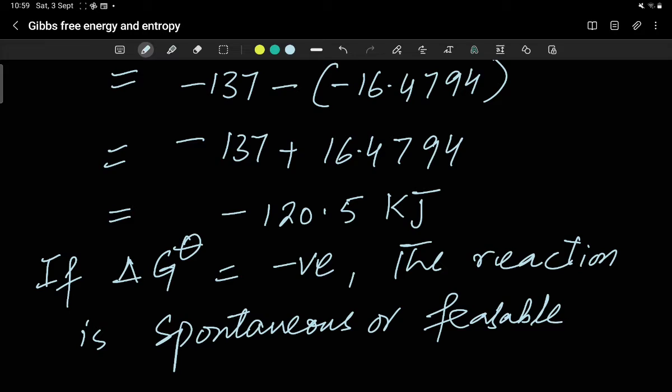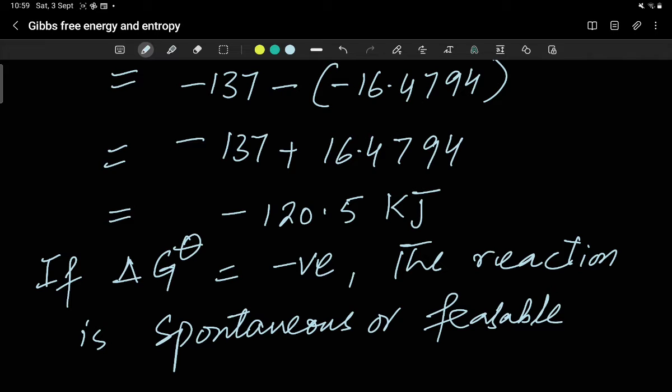This is how to calculate any entropy change, temperature, or Gibbs free energy by using this relationship.